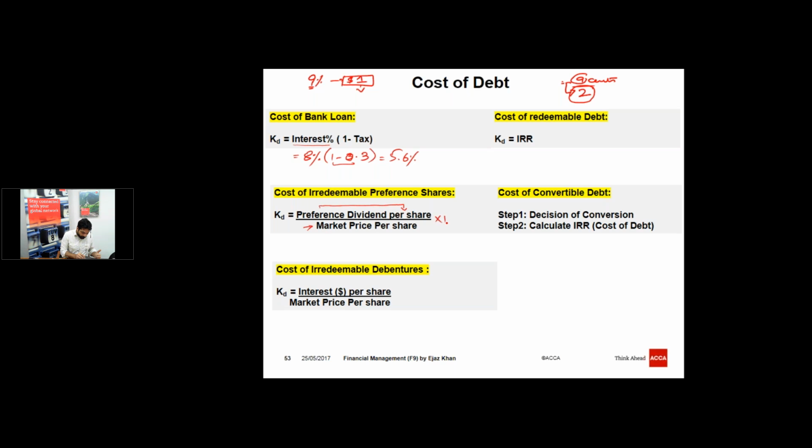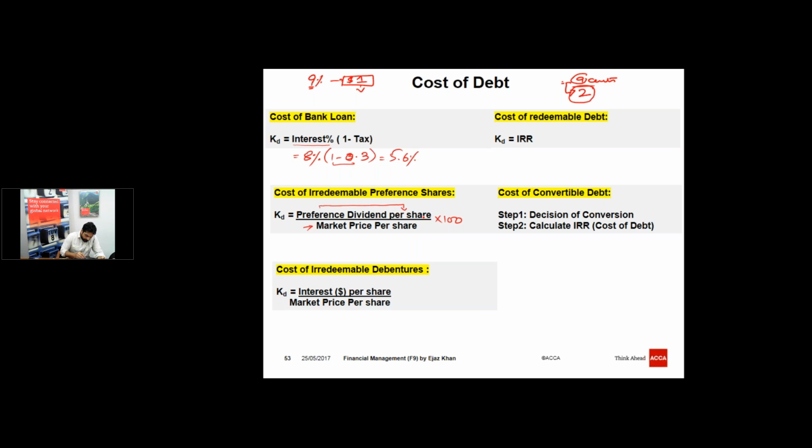We multiply by 100 to get the cost of irredeemable preference shares. There is no tax impact shown in this calculation. Remember not to show tax impact on preference dividend, because dividends do not qualify as tax allowable expenditure.